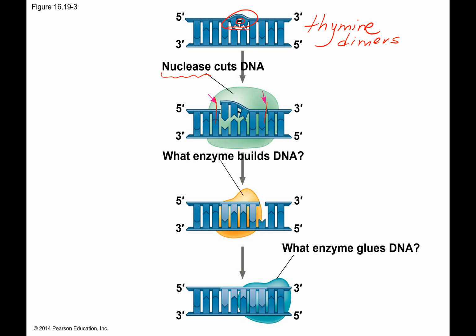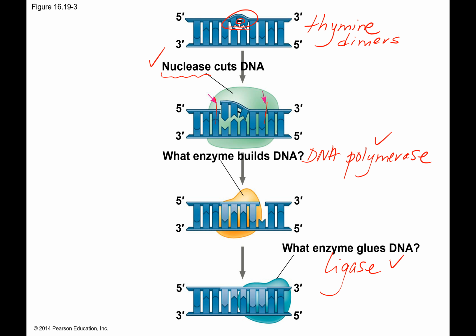Another enzyme basically comes in. It'll be a DNA polymerase enzyme to build the DNA. Okay, so it's kind of filling in what should be there. And then lastly, we've got our ligase that comes in and glues it. So excision repair actually takes 3 enzymes. Know that that's nuclease, DNA polymerase, and ligase.